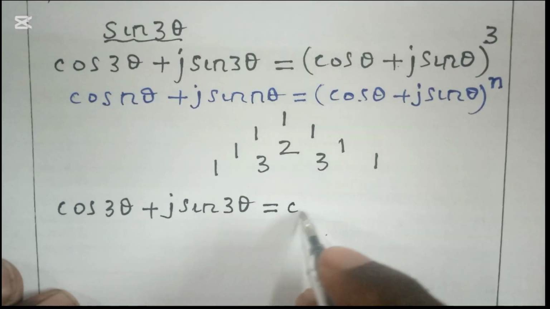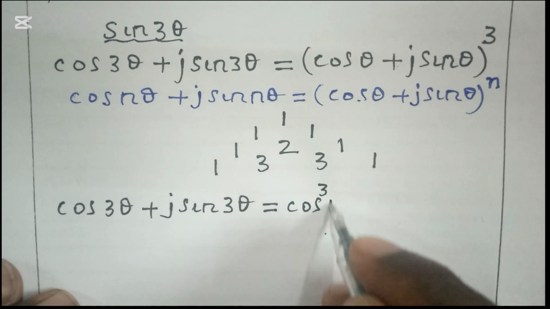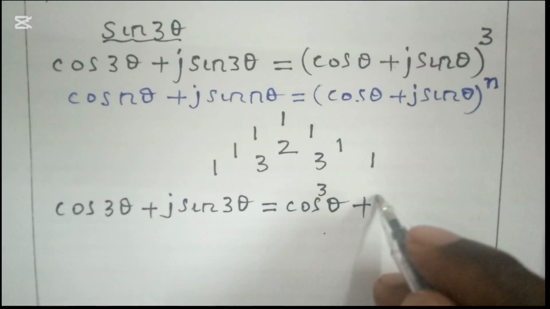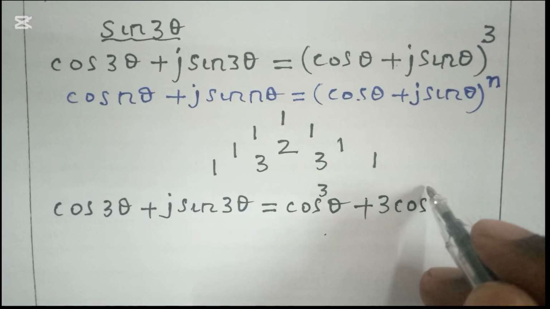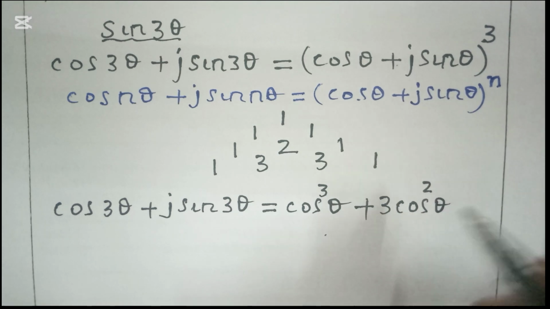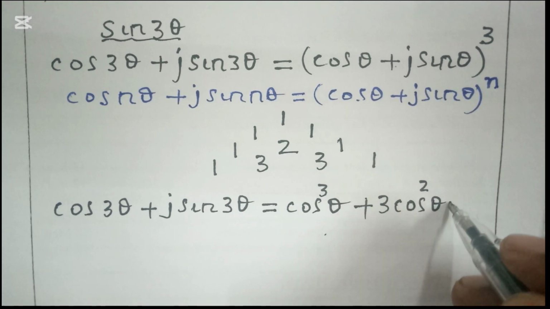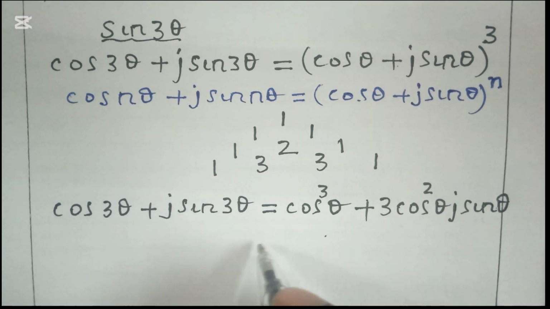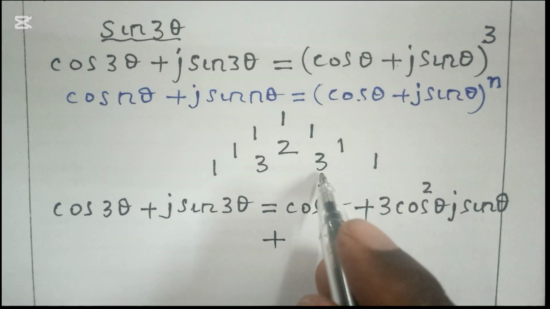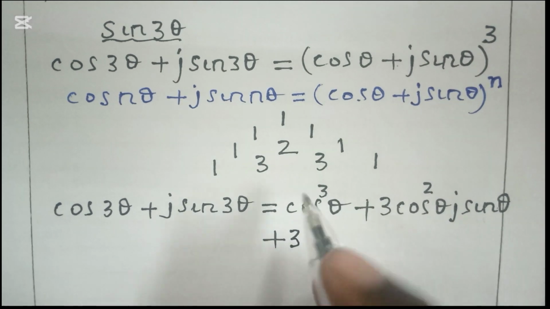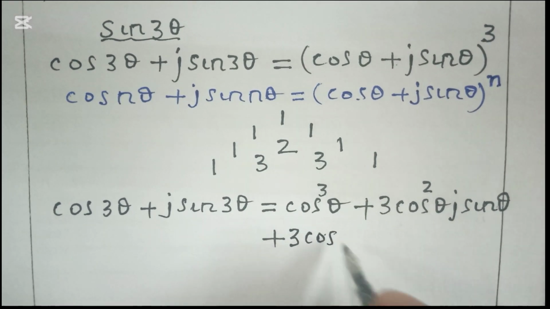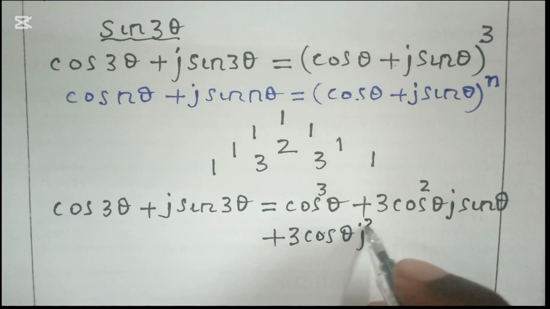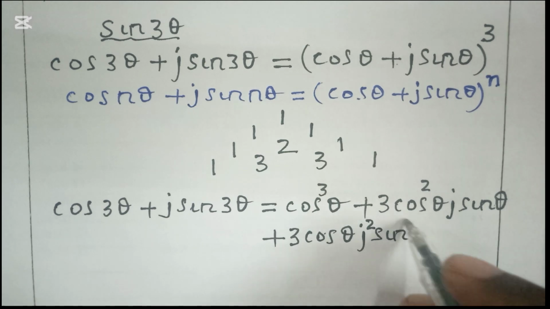The first term is cos cubed theta, plus 3 cos squared theta j sine theta, plus the third term, 3 cos theta j squared sine squared theta.